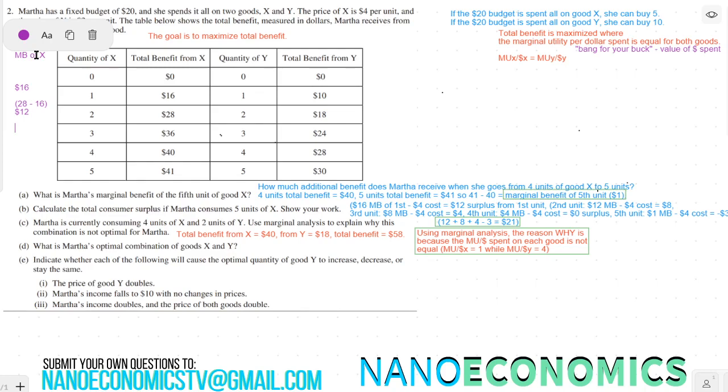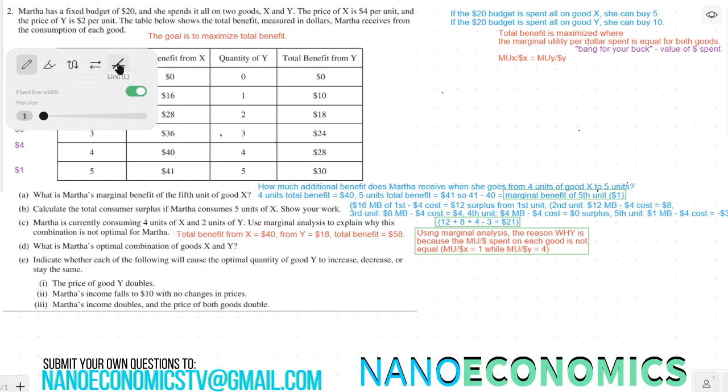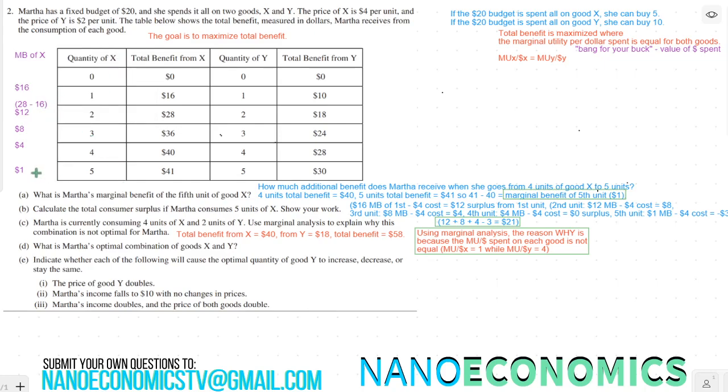To go from 2 to 3 units is an $8 marginal benefit. And then from 3 to 4 units, we've got a $4 marginal benefit. And from 4 to 5, we've got $1. So we're just subtracting the total benefit from less from the total benefit from more.